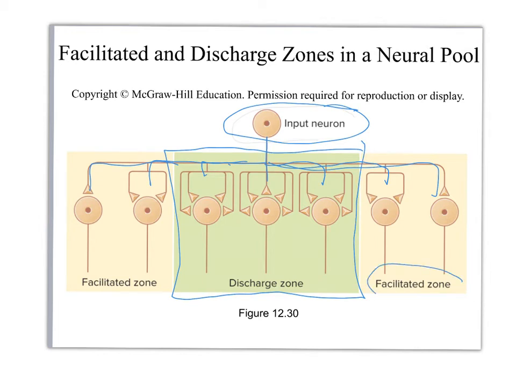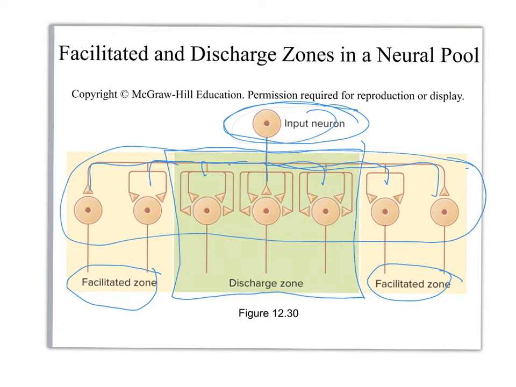But then you will often have the outskirts where, depending on what it's doing, it might pull in interneurons on the edge. So this is showing you how you're taking one input neuron and having it communicate with several other interneurons. This group is called a neural pool of neurons.